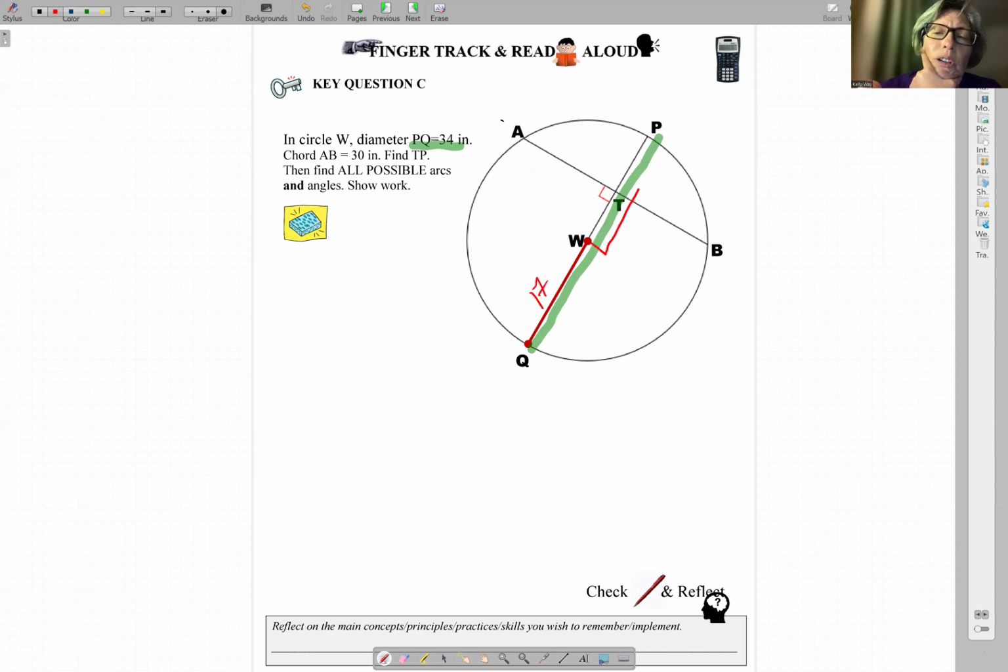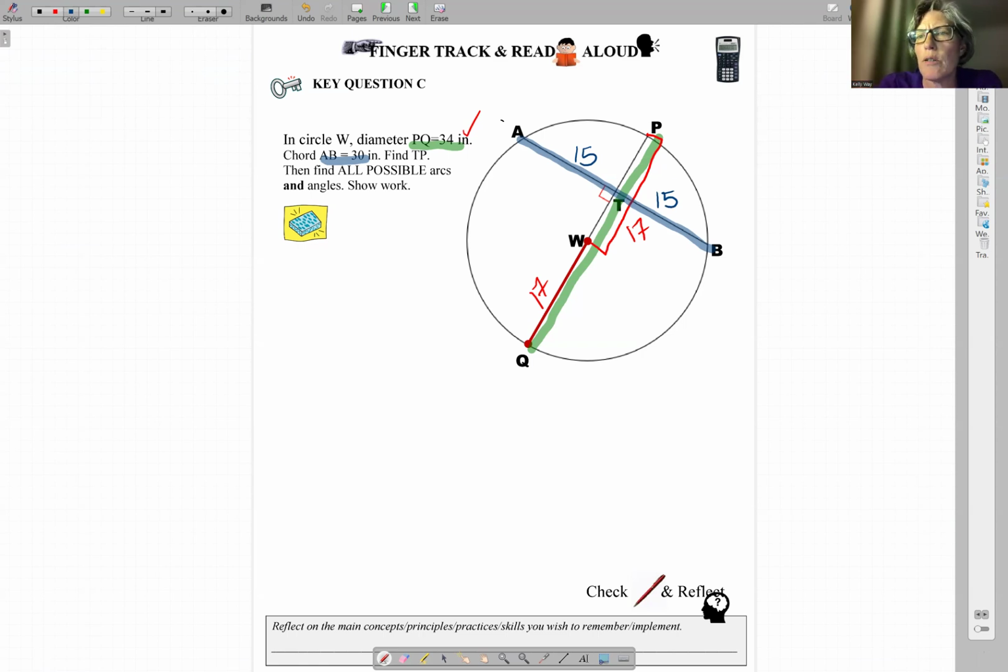From W to P is also 17. We're told that A to B is 30. If perpendicular, then bisect, which means each of these are, of course, 15 and 15.